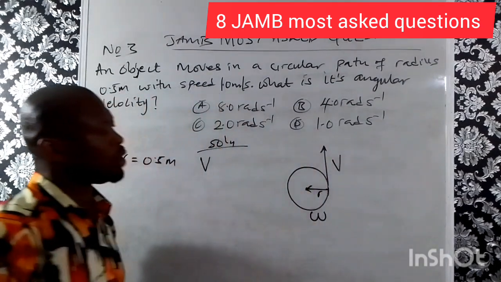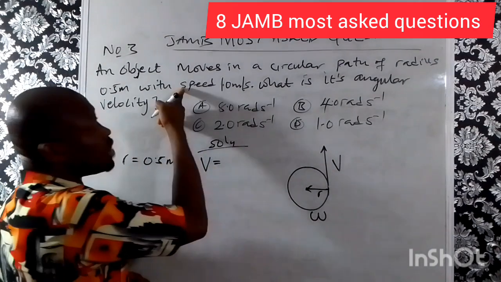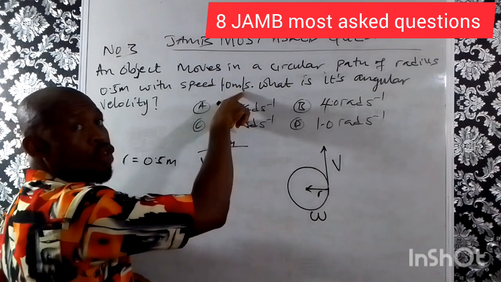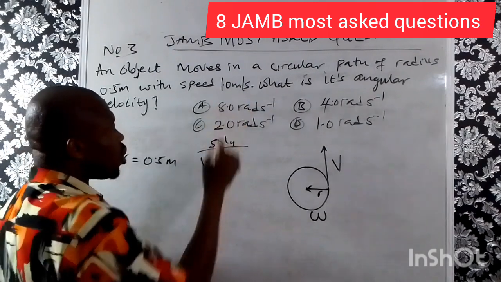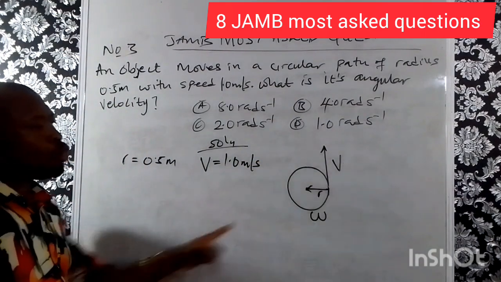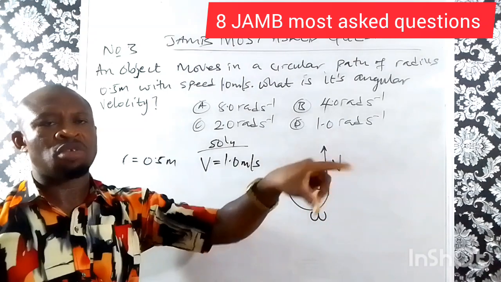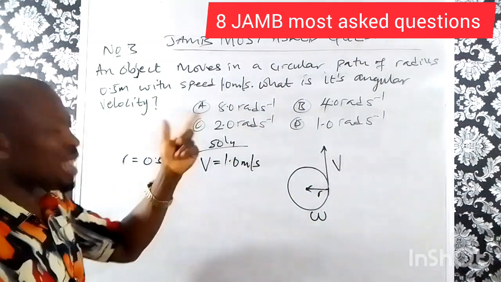So this velocity is linear velocity, from the SI unit, 1.0 meters per second. And they said, what is its angular velocity? Angular velocity is the velocity that keeps it moving along a circular path.